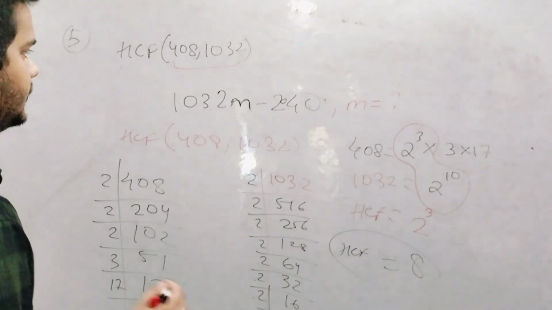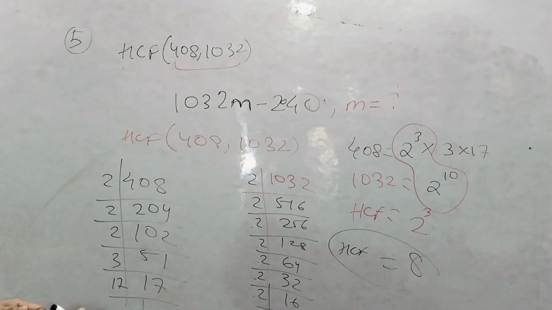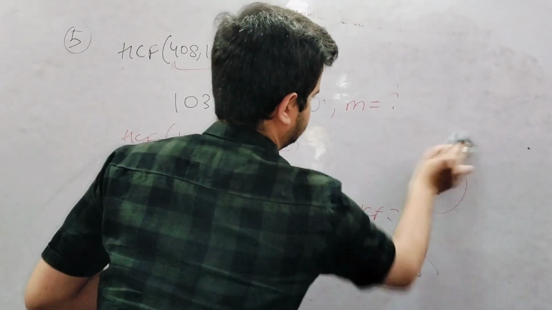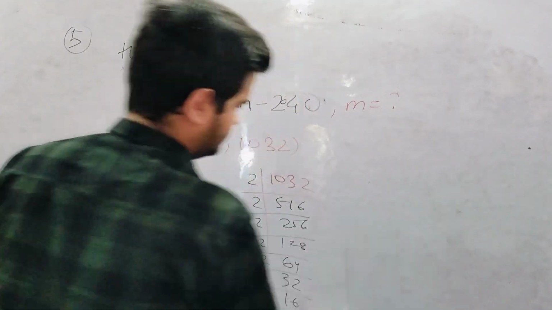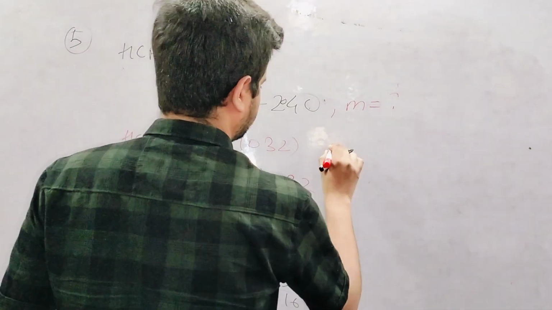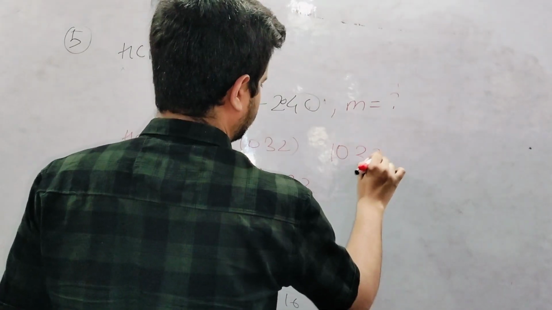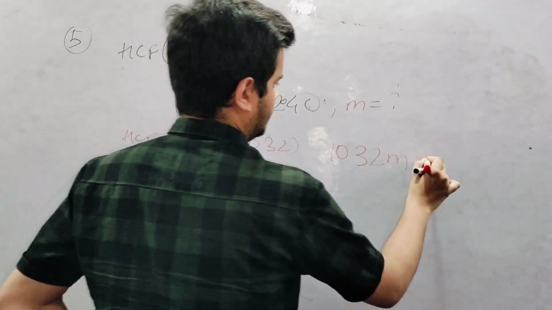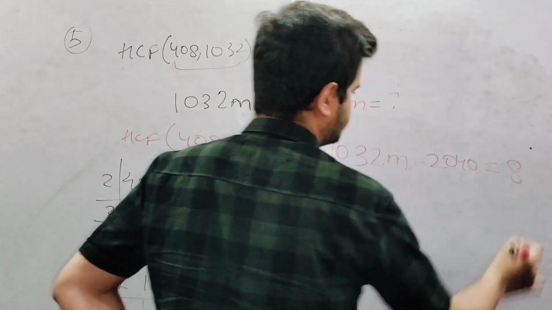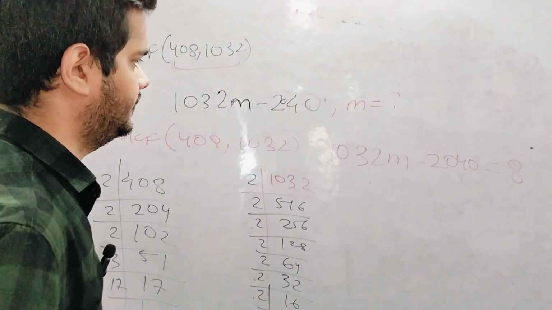Okay. Now, which means that 1032m minus 2040 is equal to 8. Okay.